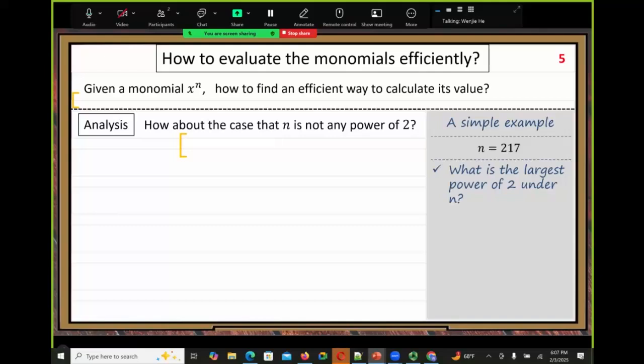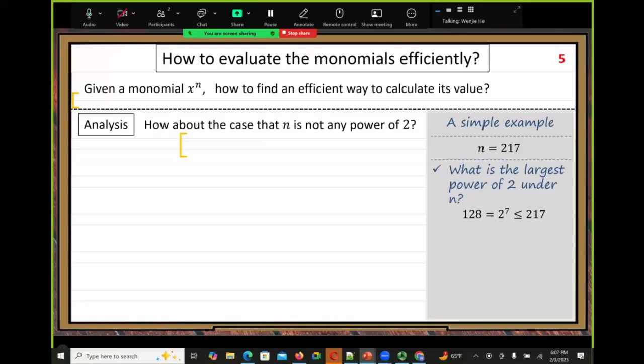The largest power of 2 less than 217 is 128, which is 2 to the 7th, because 2 to the 8th is 256, greater than 217. So we use this power of 2 number.